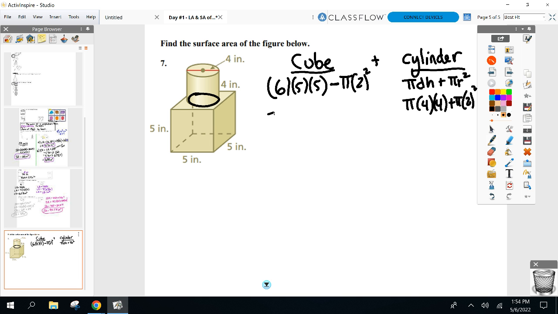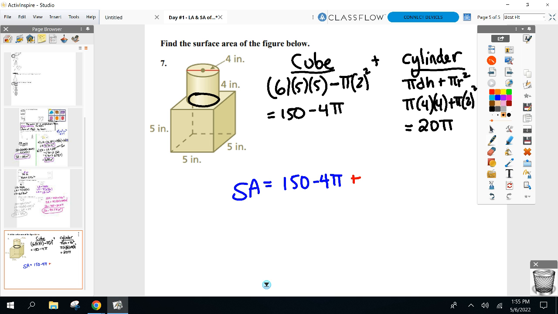What does this end up being? 150 minus 4 pi? And this should end up being what, 20 pi? 16 pi plus 4 pi, 20 pi? And if you want full decimals, that's fine, just don't round them. So here's our surface area: 150 minus 4 pi, your cube, plus the cylinder, 20 pi.